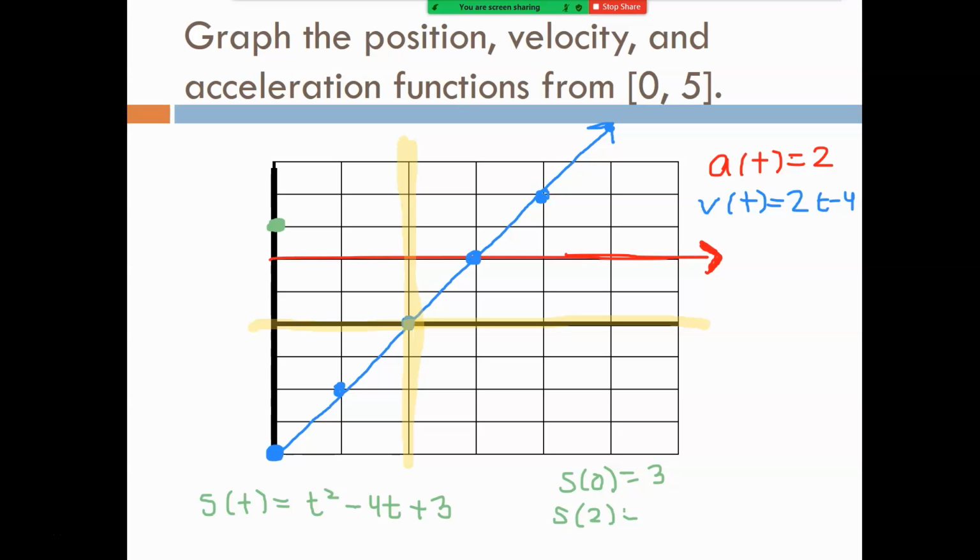And at S of 2, the height of the function was at -1.